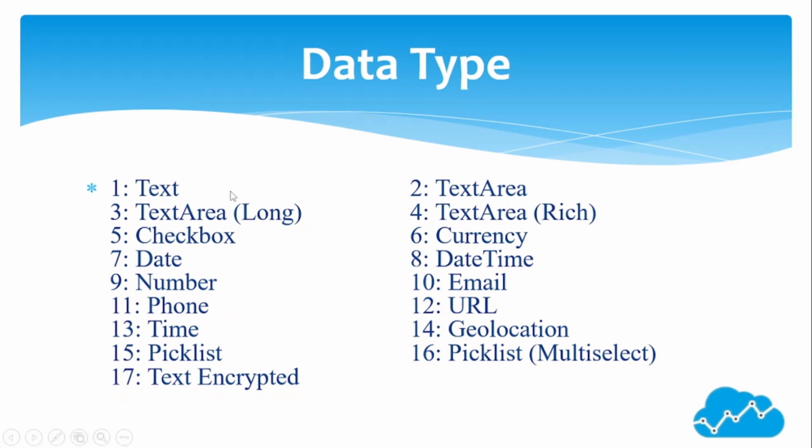Some common ones are text area long, text area rich, checkbox, currency, date, date time, number, email, phone, URL, time, geolocation, picklist multi-select, text encrypted, and some more. Some relationships are also there. We'll see them one by one in our coming sessions.